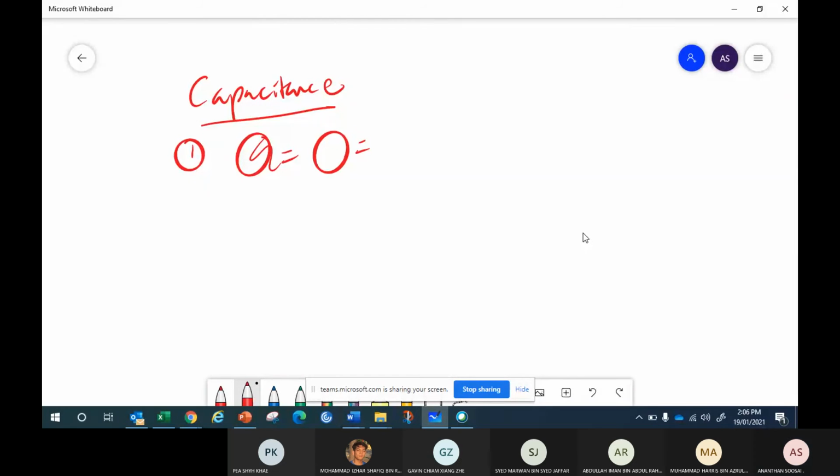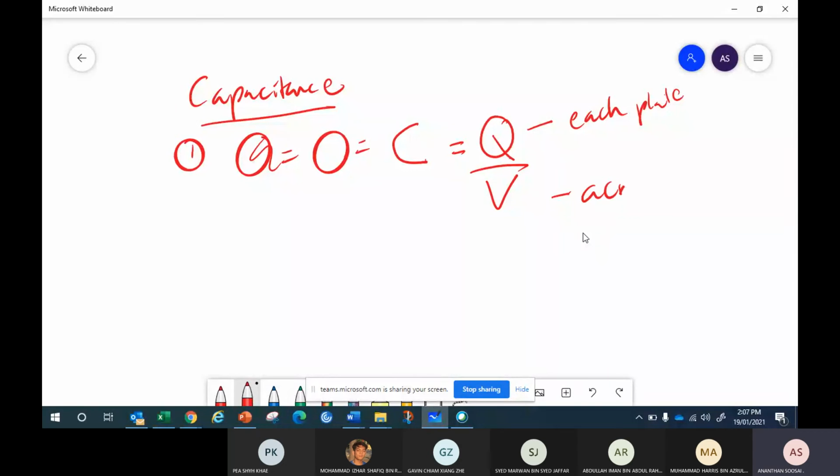The amount of charge stored in each plate per unit volt applied across the plate. You must say each plate. Don't just say the amount of charge stored. You must say the amount of charge stored in each plate per unit voltage across the plate.